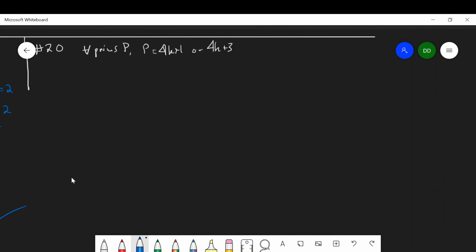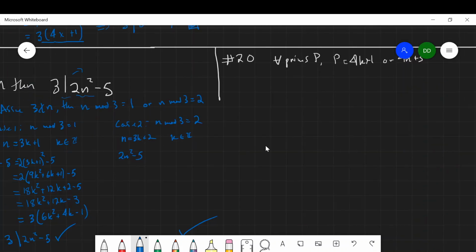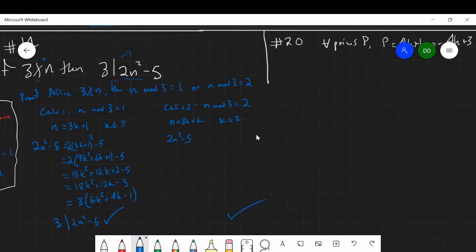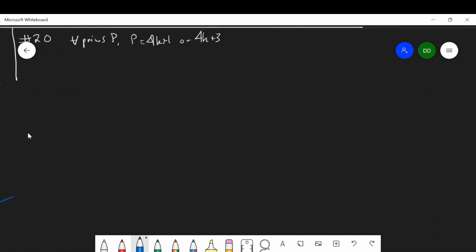All right, number 20 in section 3. That was, by the way, 7.3, number 14. 7.3, number 20. For all primes p equals 4k plus 1 or 4k plus 3. All right. So this one might have been a challenge, and I think when you see the proof for this, you're going to groan. There's going to be an audible groan there.